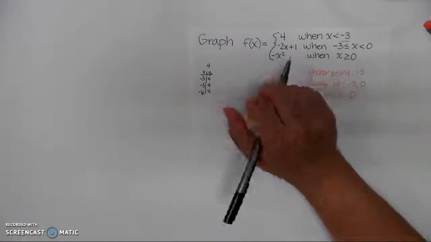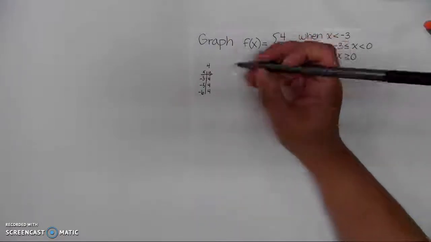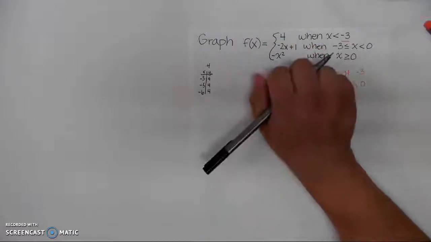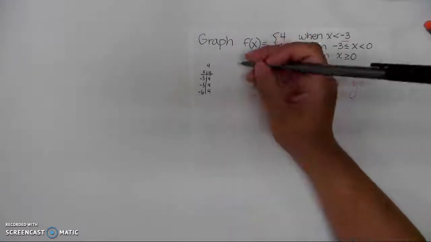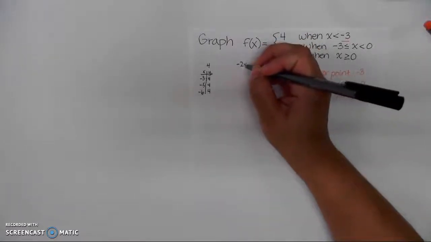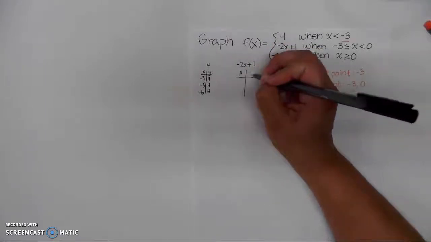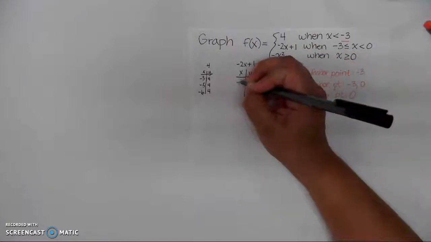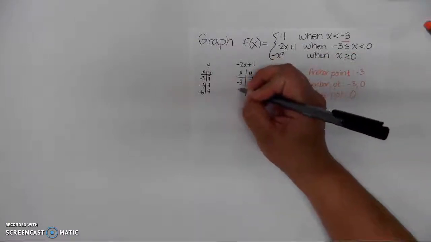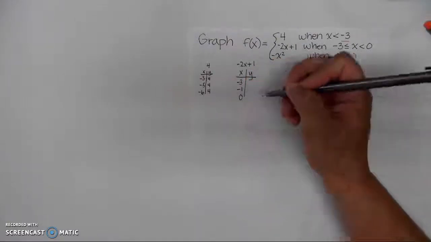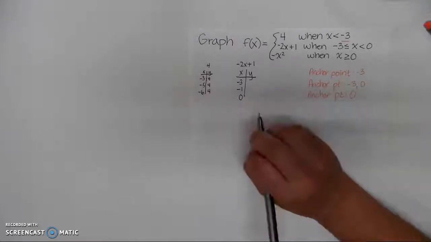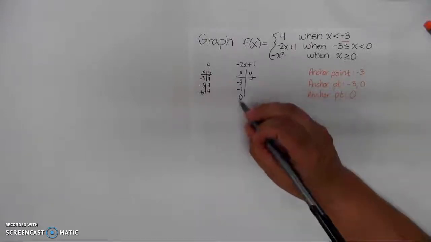Okay, so the next one, I've got 2 anchor points. I got to make sure that I include -3 and 0. And I'm going to do it into -2x plus 1. Okay, so I'm going to include -3, like I said. Let's do -1 and 0. It kind of gives us a good spread of the numbers between -3 and 0.